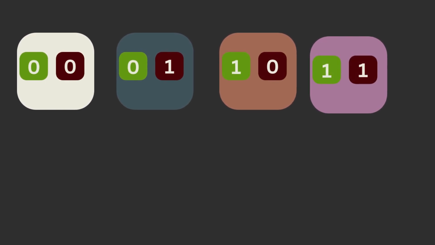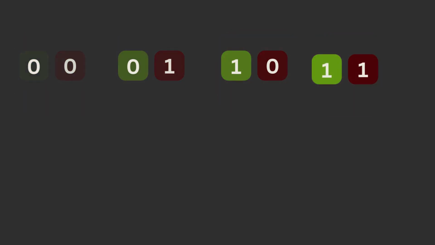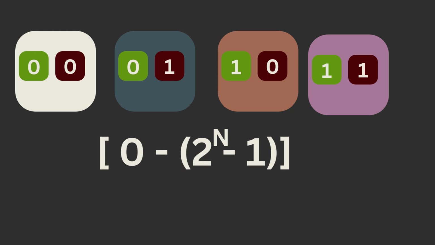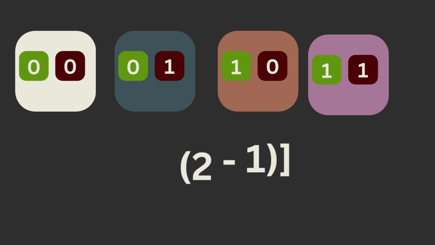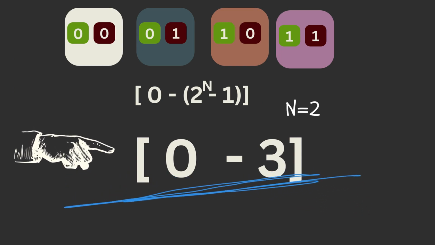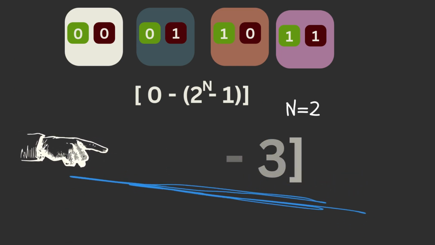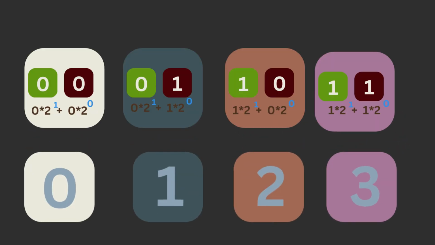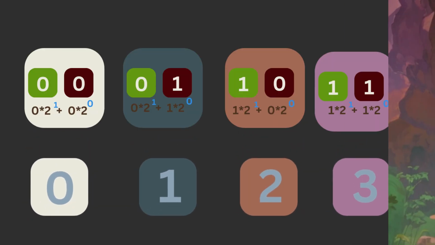With those bits, we can represent the numbers from 0 to 2 to the power of n minus 1, which corresponds to numbers from 0 to 3. Change each of those binaries to decimal and you'll find those numbers are 0, 1, 2, and 3.